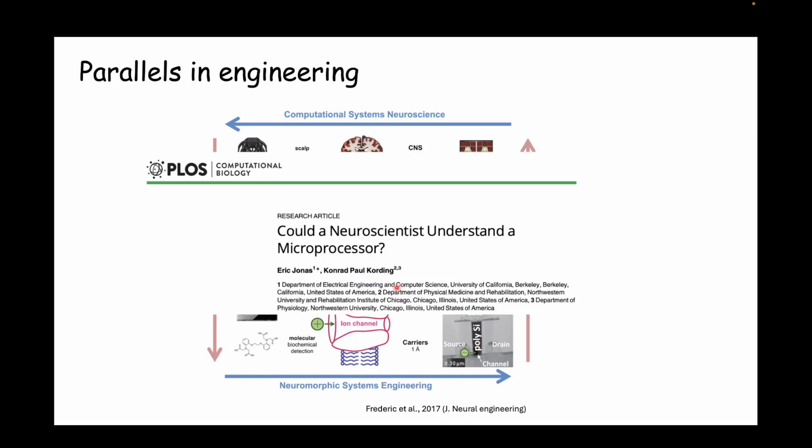It's a very interesting study where, using the levels at which neuroscientists analyze the brain, they used exactly the same techniques to analyze a microprocessor. It shows very close parallels, and this is just an interesting thing that I wanted to mention, how we can use neuroscience for other purposes also.